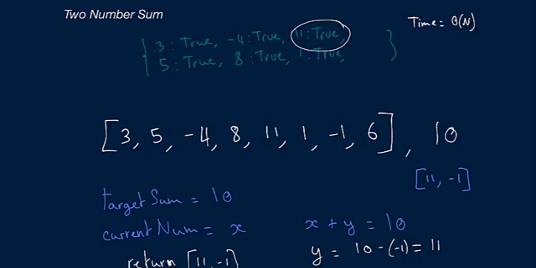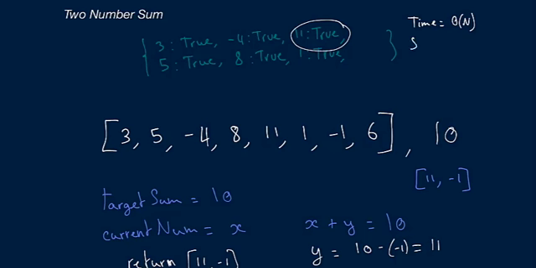And at each number, all we're doing is calculating y, right? Solving for y. That's just a constant time operation. We're just doing a calculation. We have the target sum. We have the number x here, which is whatever the current number we're at. And then we're just accessing values in a hash table, which runs in constant time. So in total, time complexity is O of n.